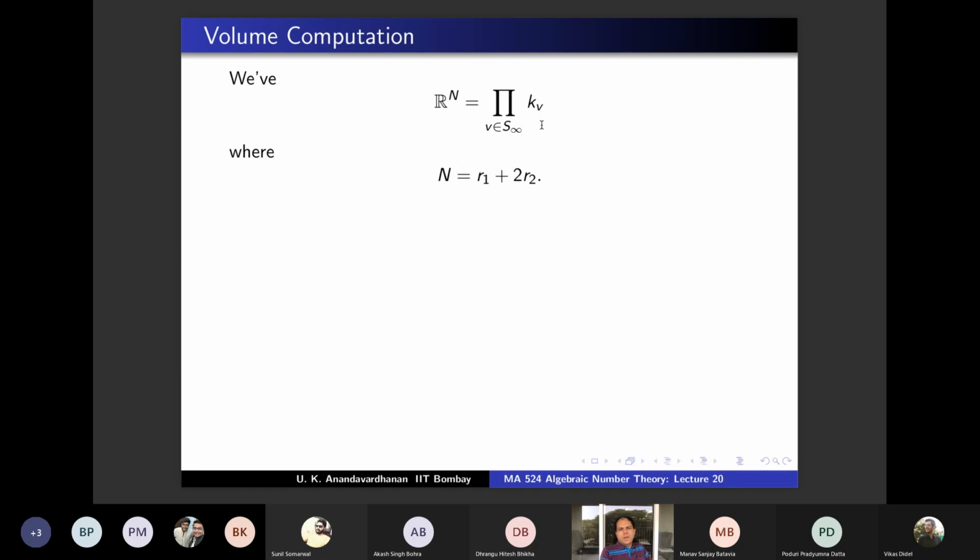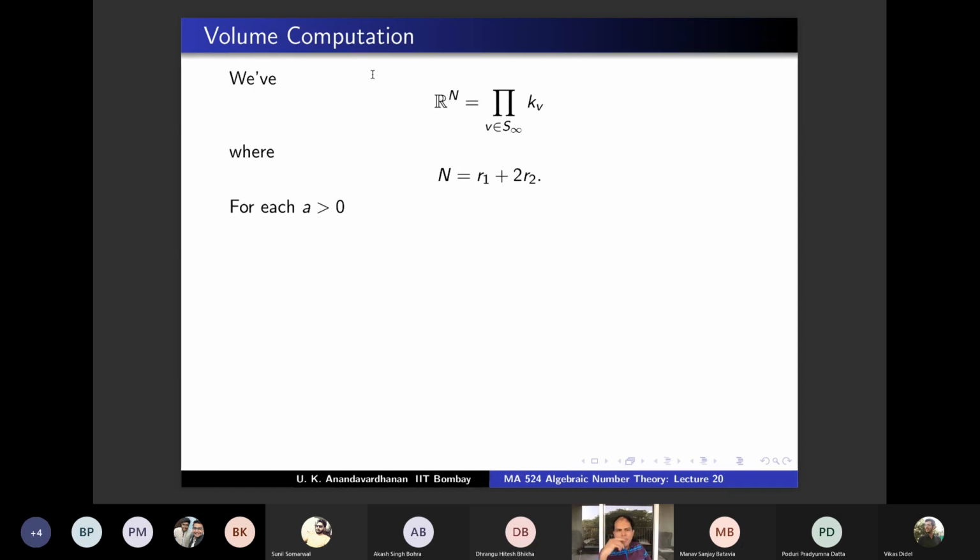Right, because if you have a complex embedding, that embedding and its conjugate give you the same absolute value. So v doesn't change for a complex embedding and its conjugate. Therefore, this is correct. So what is the cardinality of S infinity? v is absolute value, so the cardinality of this is r1 plus r2. r1 is the real embeddings, r2 is half the number of complex embeddings, and this cardinality is r1 plus r2, and therefore this dimension is r1 plus 2 r2.